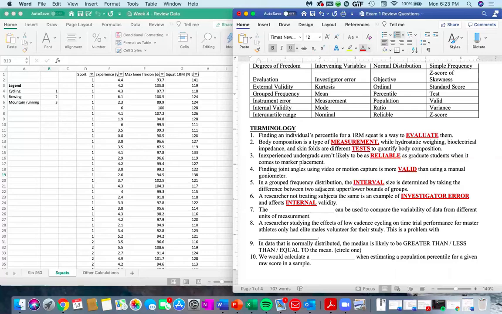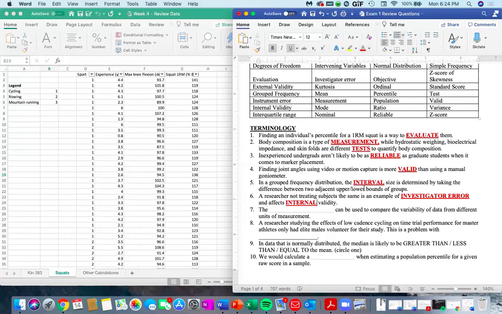Internal validity, remember, is referring to the design of the study, or different flaws within the study that could potentially affect the outcomes. So the other examples we had of this were learning effects. We also have extraneous variables, instrument error, right? Different from external validity. External validity is going to look at how generalizable our results are to the population that we drew our sample from.